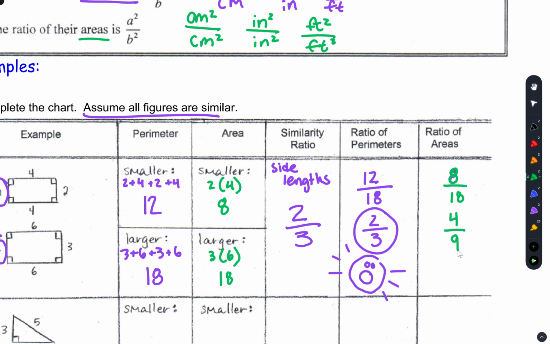Think about my similarity ratio and the rule I just taught you. 4/9 is the same thing as 2 squared over 3 squared, which is my similarity ratio squared. And once again, shock and awe. We are all shocked. Yes? That's where this rule is coming from, essentially.